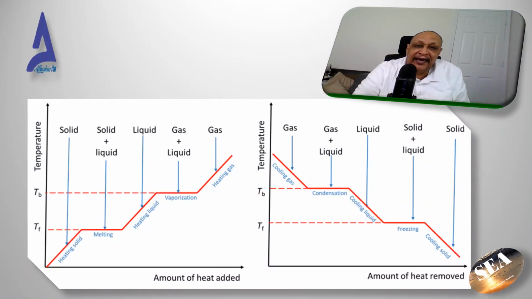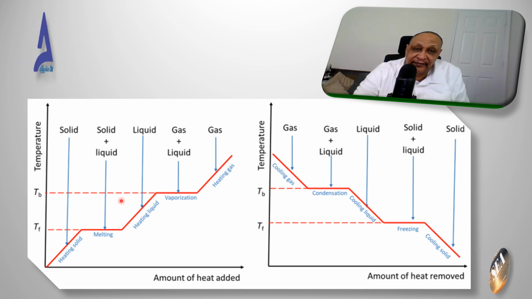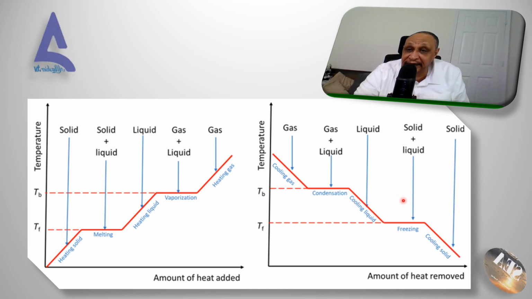Here we have two curves, the heating curve and the cooling curve. The heating curve here is the amount of heat added over time, and this is the amount of heat removed over time.